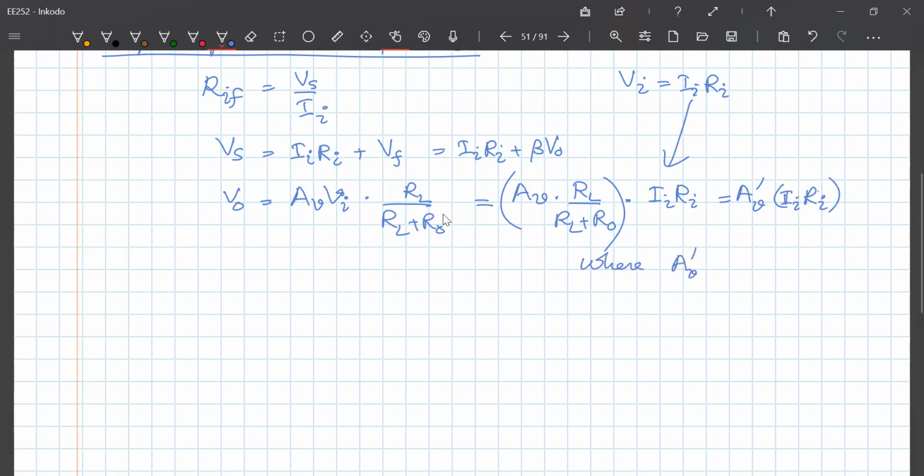Av dash is defined as V out over Vi with the load. Okay, with the load, which is equal to Av RL over RL plus R out. That's the definition of Av dash. Av dash is nothing but the voltage gain without feedback, but when loaded.